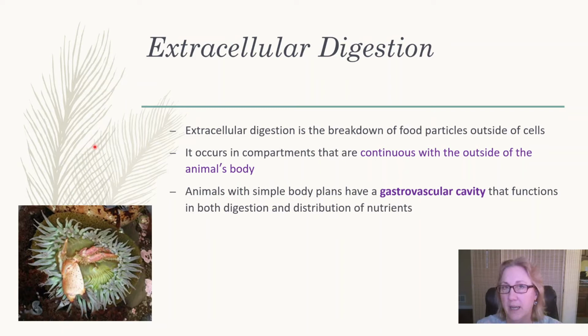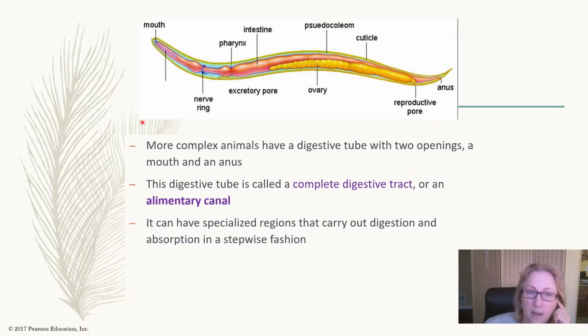Things that we cannot use, like plant sterols, for example, remain in the lumen of the gut and are not absorbed into our actual body in any way. So once we get past the flatworms and the acoels, pretty much all the rest of animals have a one-way gut, an alimentary canal that has a mouth and an anus.